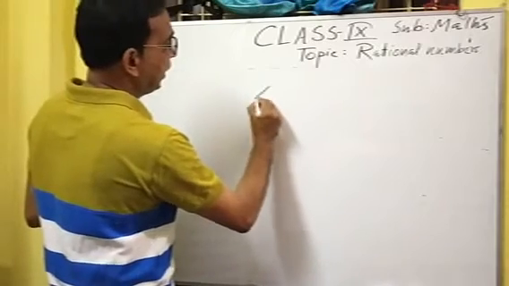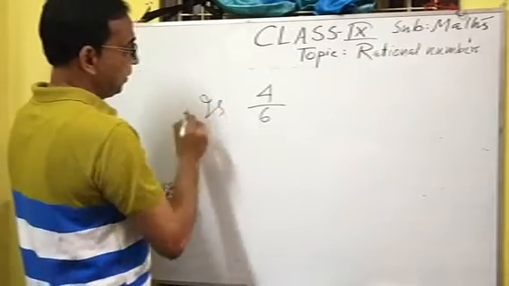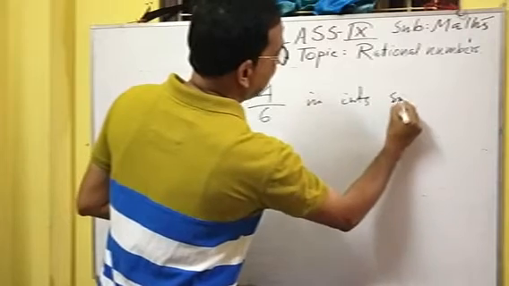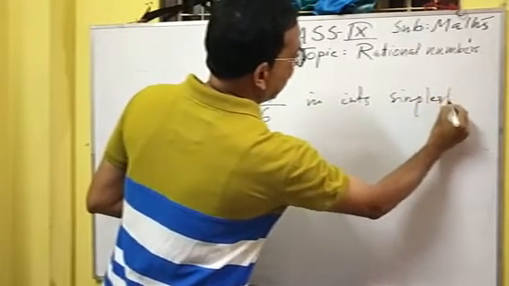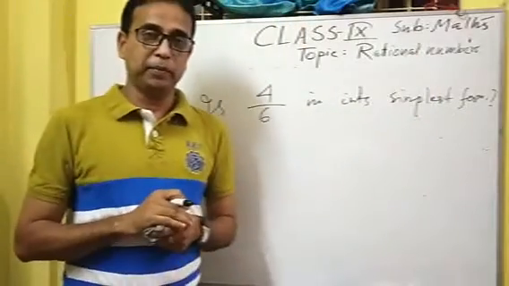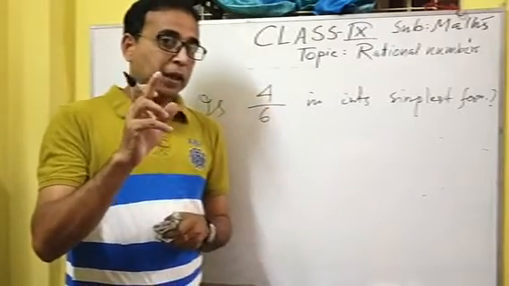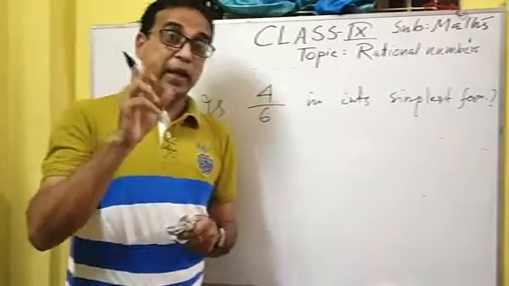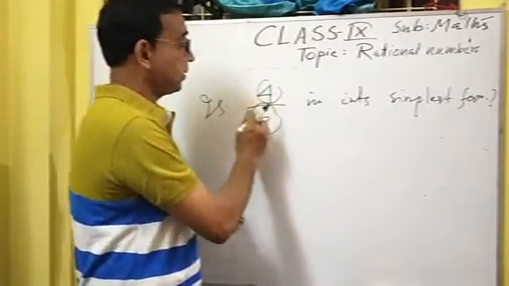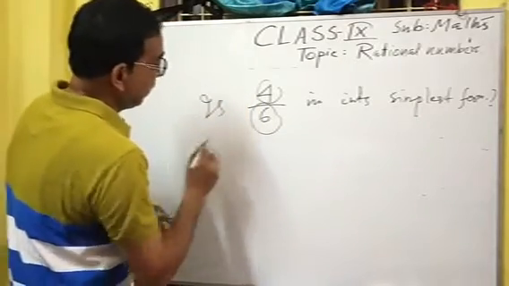Is the rational number 4 by 6 in its simplest form? How can I check it? To check it, at first you have to find the HCF of the numerator and denominator of the rational number.